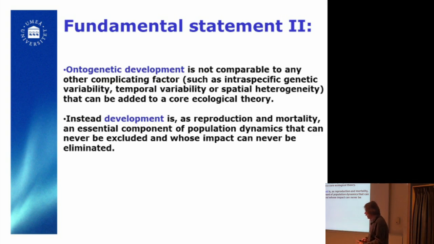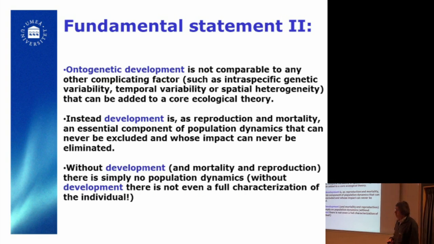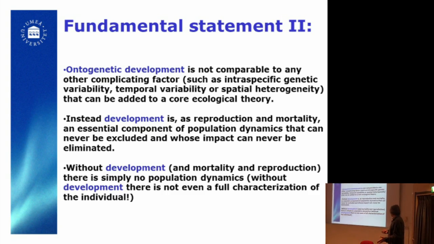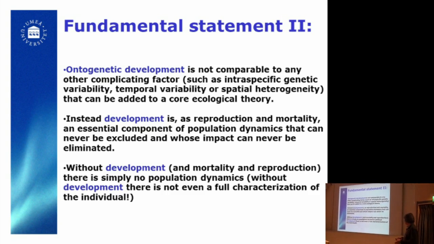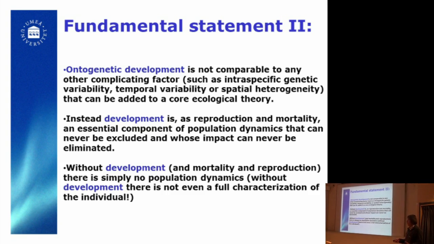Development is, like reproduction and mortality, an essential component of population dynamics that can never be excluded and whose impact can never be eliminated. That means without development, in addition to mortality and reproduction, there is simply no population dynamics. Strong statement. And I would say without development, we don't even have a full characterization of the individual.